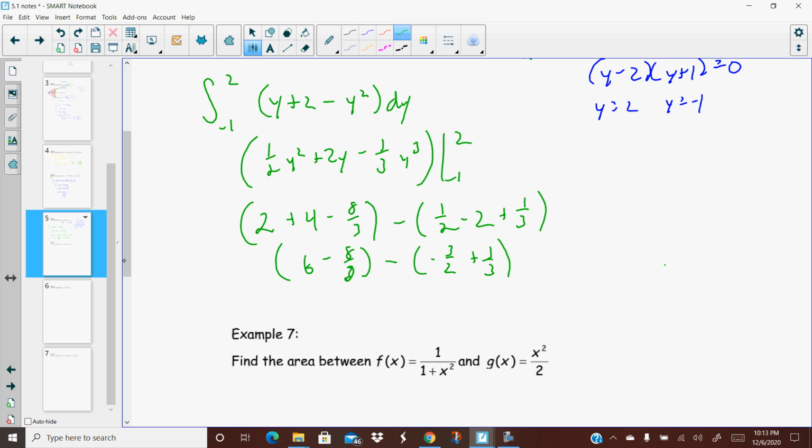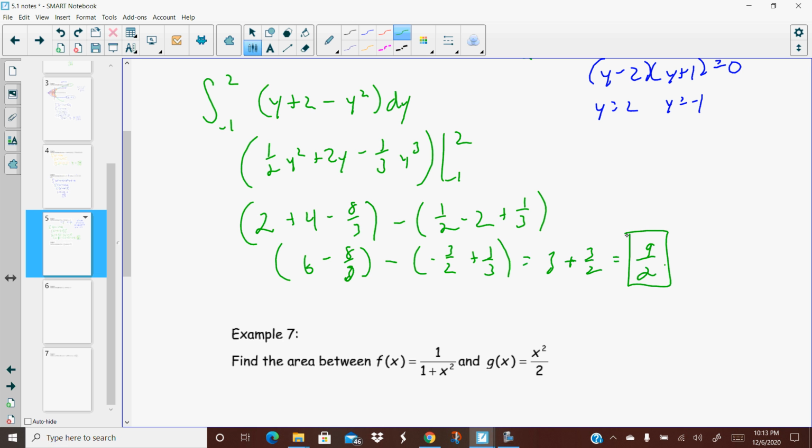So I've got a minus 8/3 minus 1/3. That's minus 9/3, which is nice because 9/3 is 3. So 6 minus 3 is going to be 3 minus a negative 3/2. So 3 plus 3/2 is going to be 9/2. So 9/2 is the area in between those two curves.